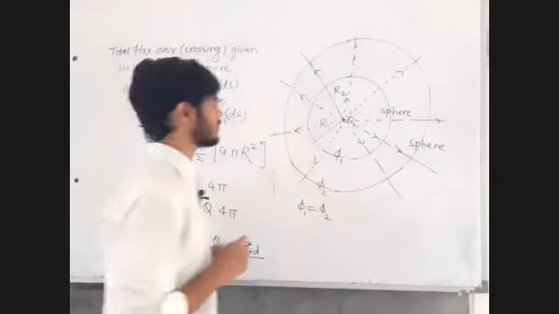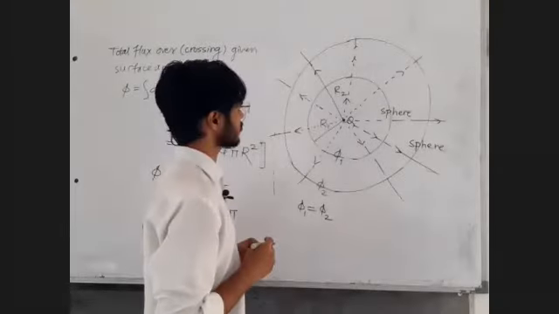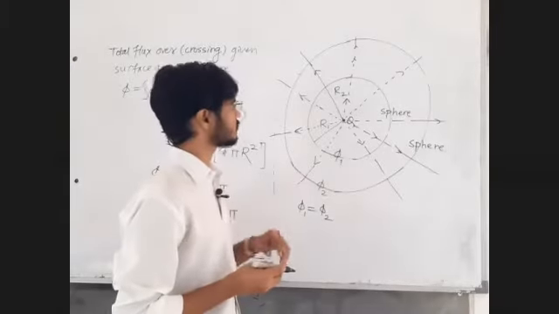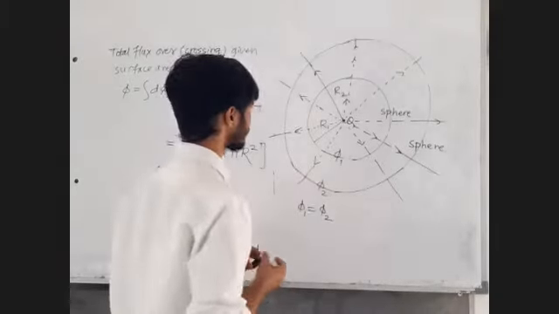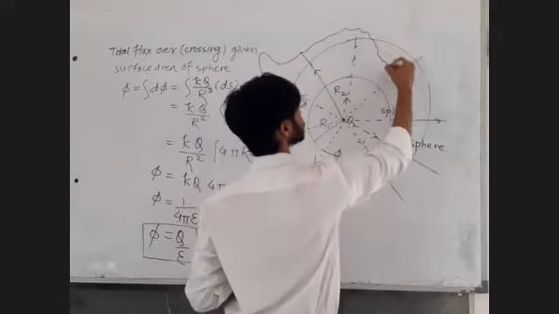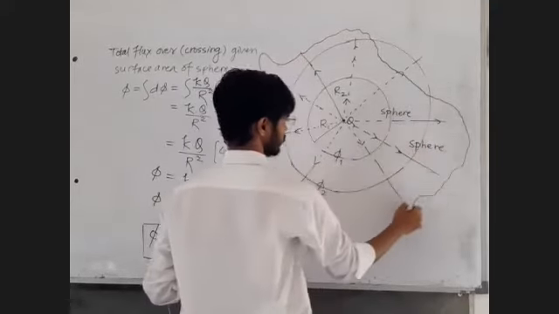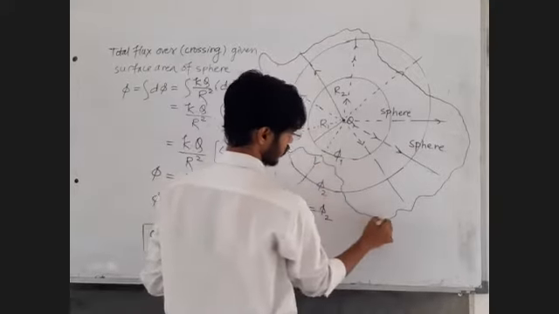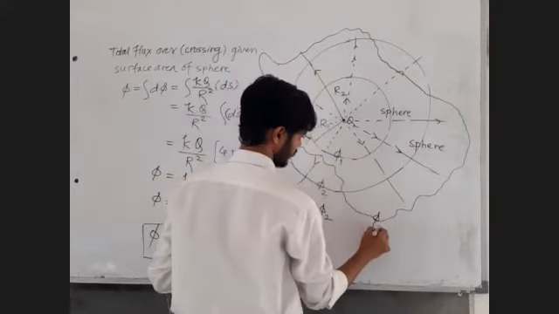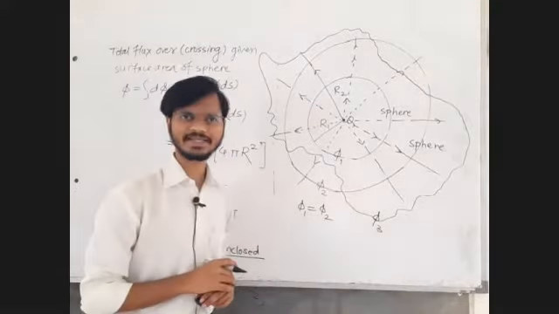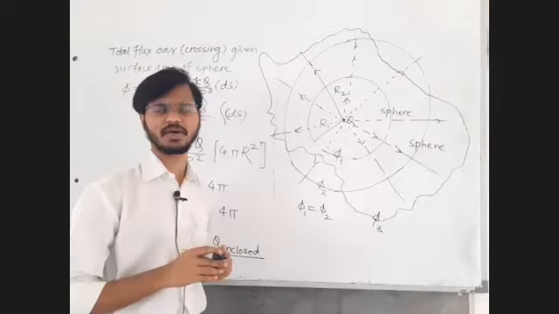Now let me make this a little bit complex. Now let me take a closed surface, but not a sphere, not a perfect sphere. Let me take a surface like this. It's a closed surface. It is enclosing some volume, but it's a closed surface. Now you tell me, phi 3 value will be more or less or will be equal to phi 1 and phi 2?